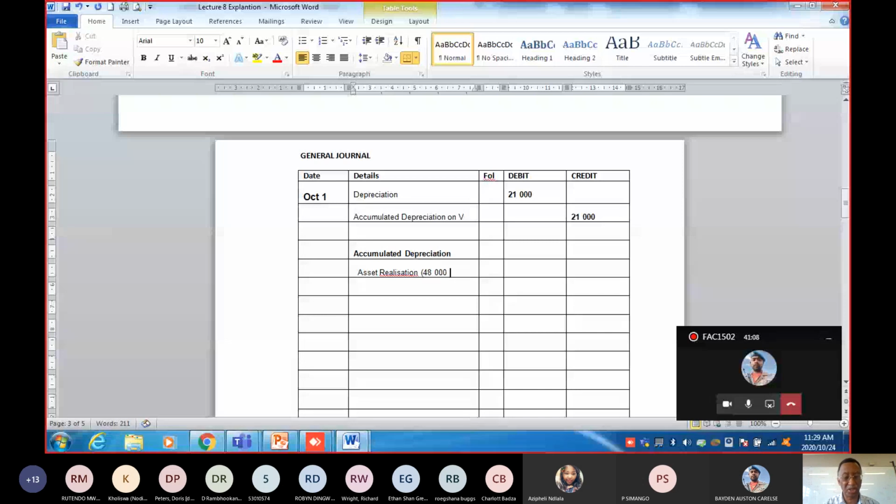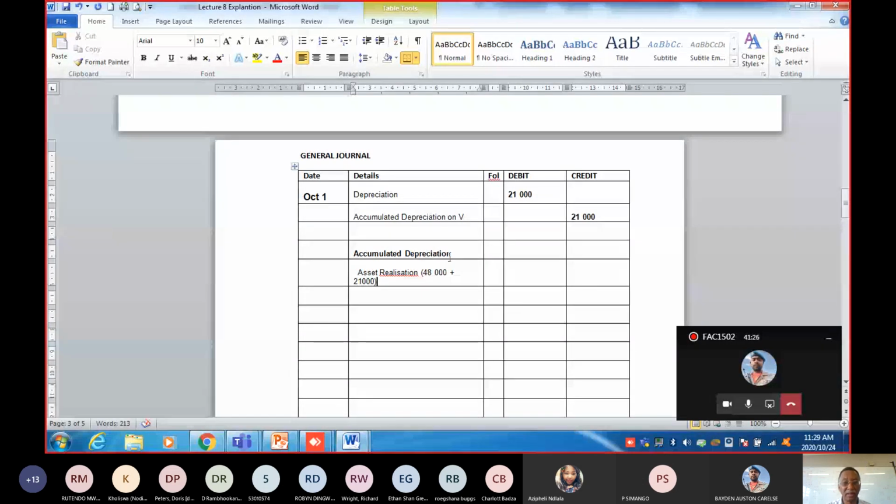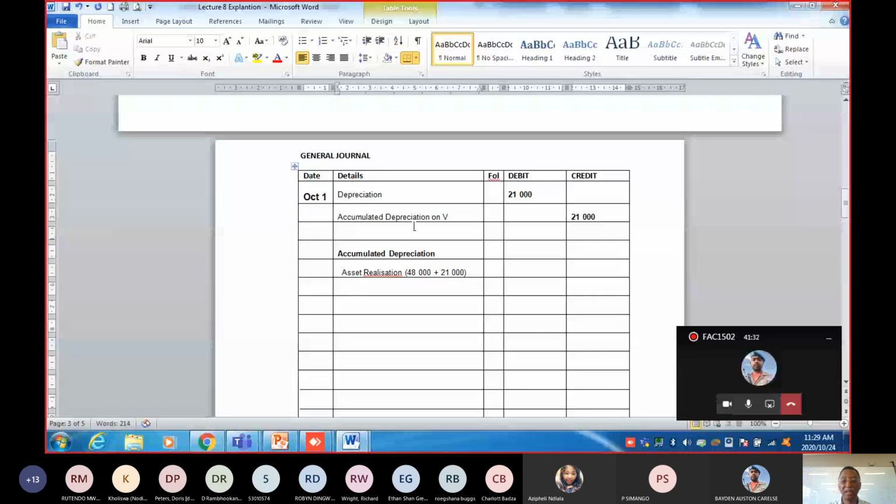There was a further 21,000 Rand, and my total accumulated depreciation to be written off on the asset that we are selling is therefore the amount, right? And we are transferring 69,000 Rand there. Step number 2, transfer the total accumulated depreciation to the asset realization account.